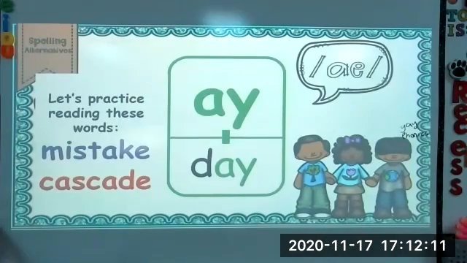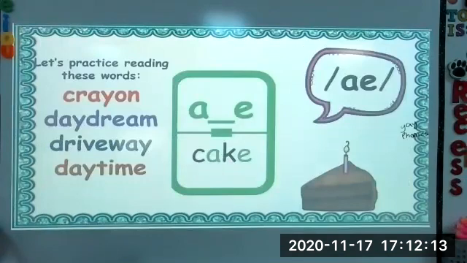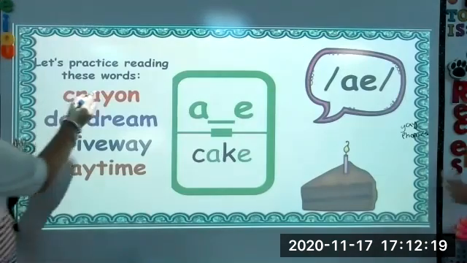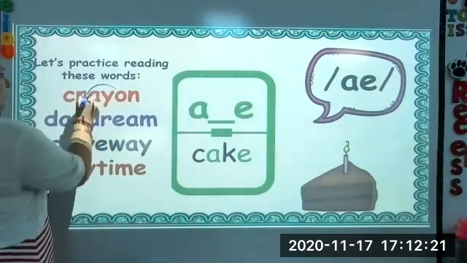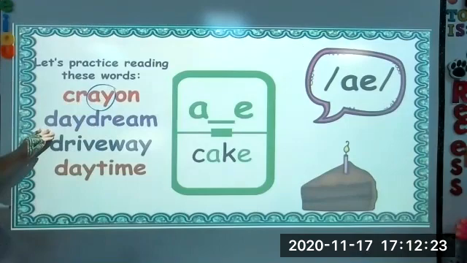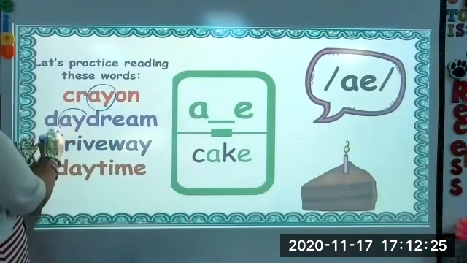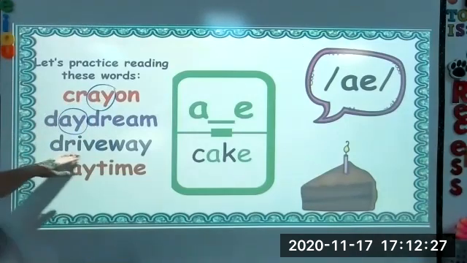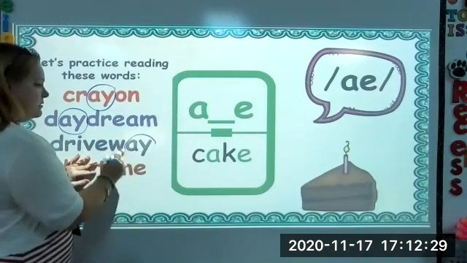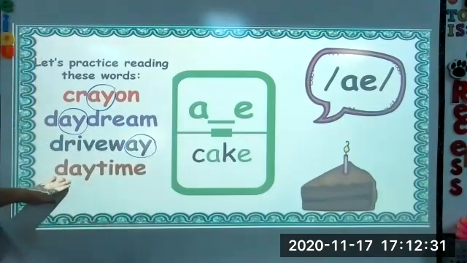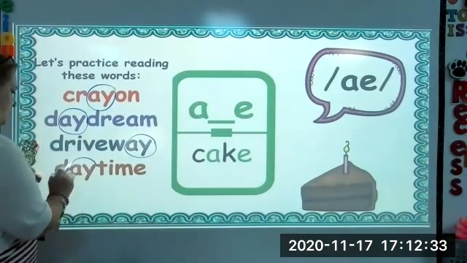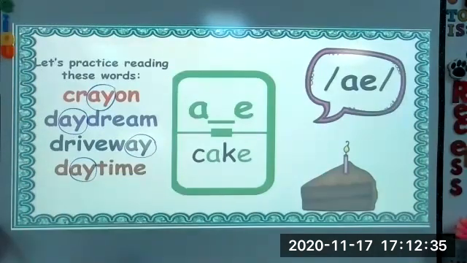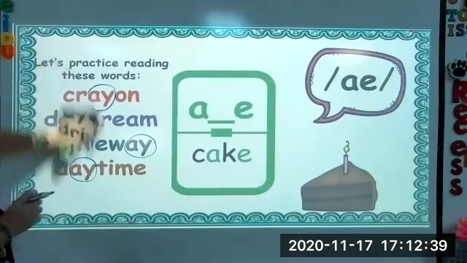They made a mistake. Look at this. Here's the AY words. We have crayon. Here's the AY. Daydream. Here's the AY. Driveway. And daytime. So those are the AY way to spell the sound A.